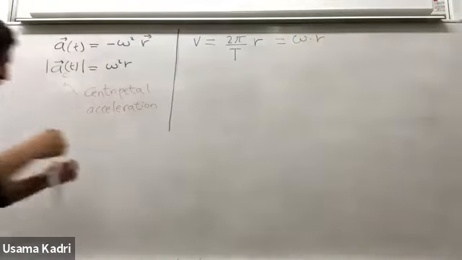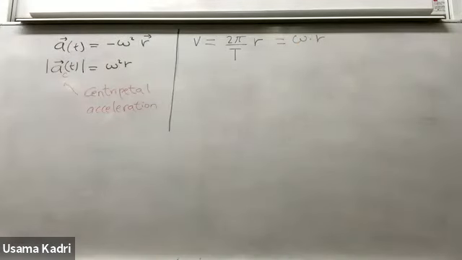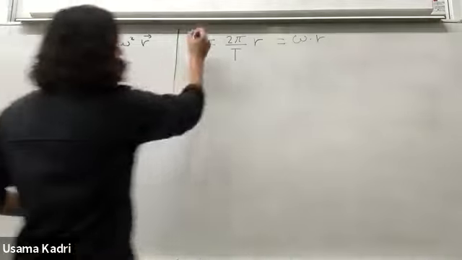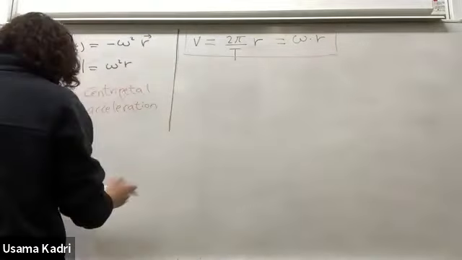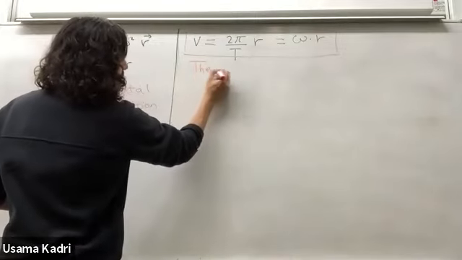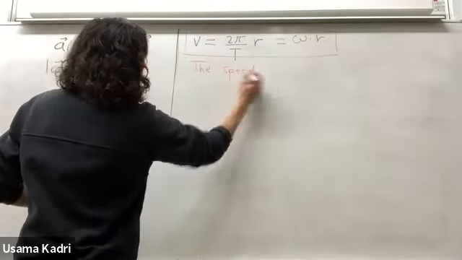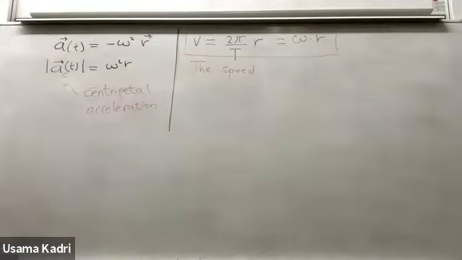I can write it here. So this is the speed. This is the magnitude, okay? It's not a vector. So the speed is not changing.